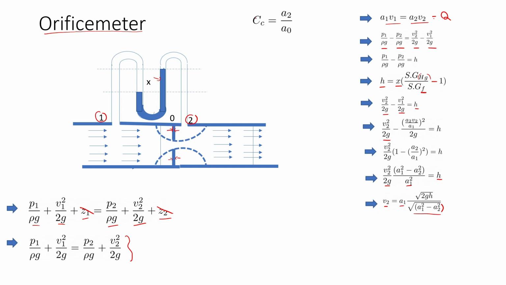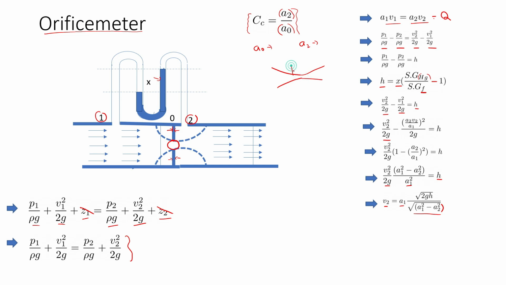Now we have another coefficient, the coefficient of contraction, which is equal to the area of the vena contracta by the area of the orifice. This A0 is the area of the orifice in the middle of the plate. A2 is actually the area of the vena contracta, because when the fluid flows through the pipe, it will form a narrow portion.